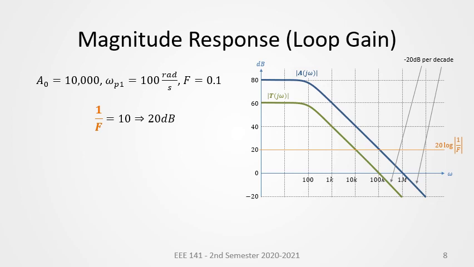Now we'll show an alternative way of visualizing the loop gain. The loop gain is the green plot whose positive dB values are also highlighted.